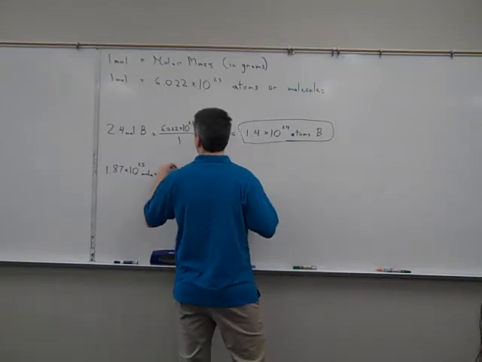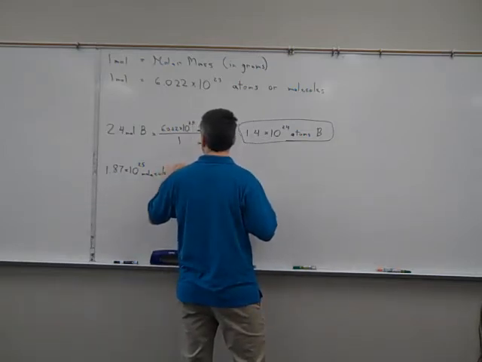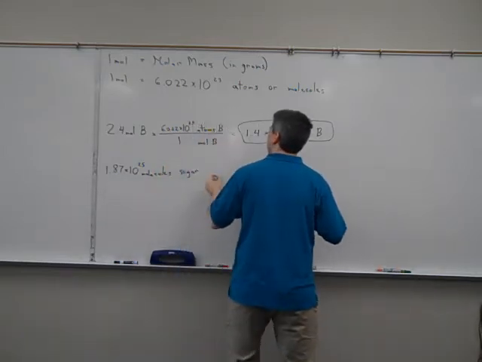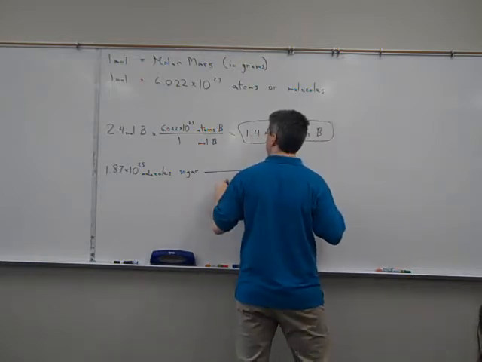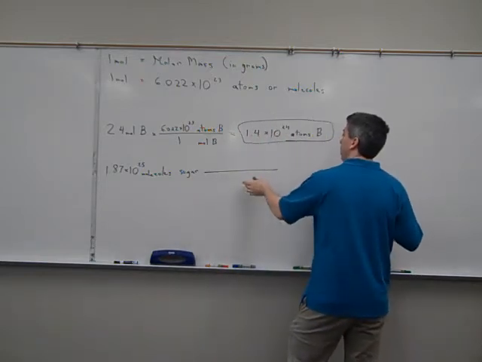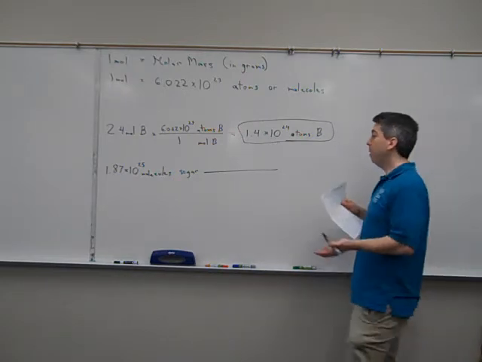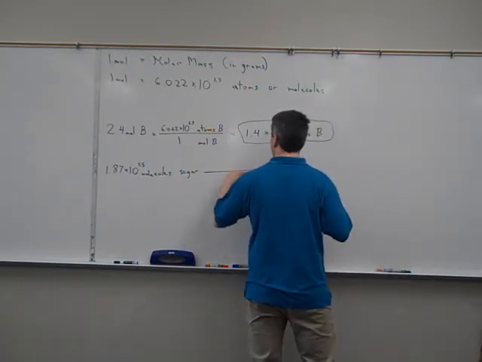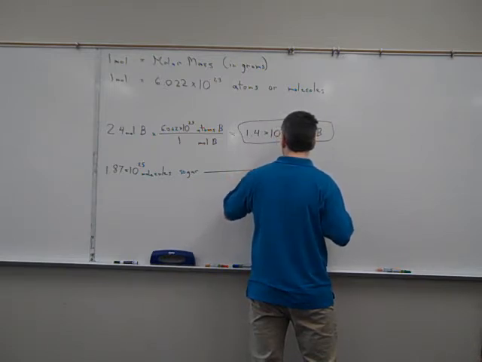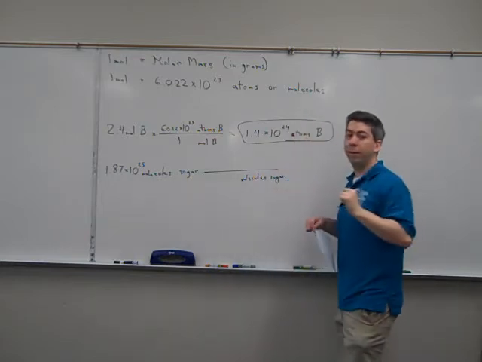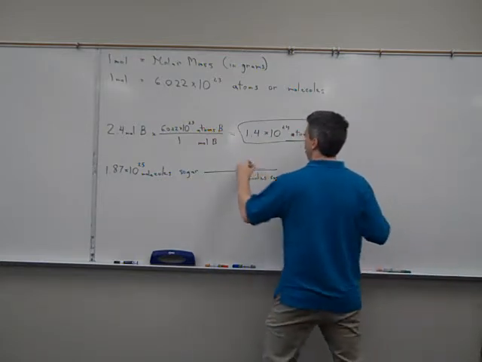It doesn't actually give us the formula, but we don't really need it, because I'm just converting molecules to moles. What unit goes on the bottom? Molecules. And what unit's going to go on top? Moles.